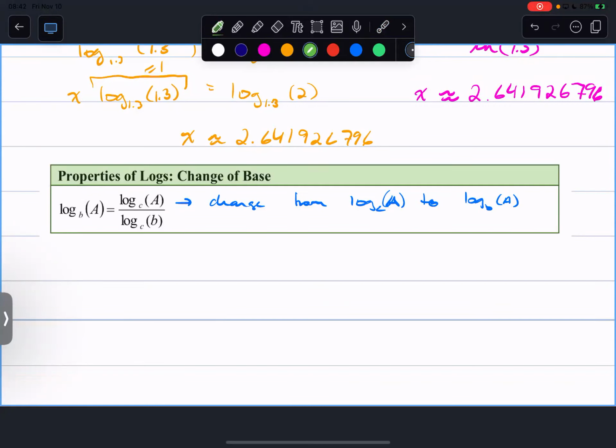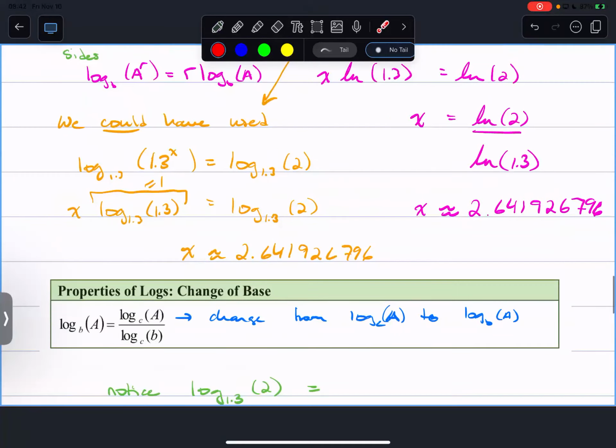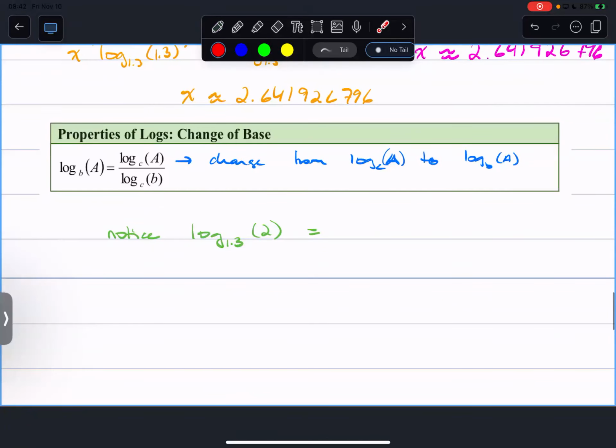So notice log base 1.3 of 2, I can rewrite if I want c to be e, the natural log. Log base e of 2.